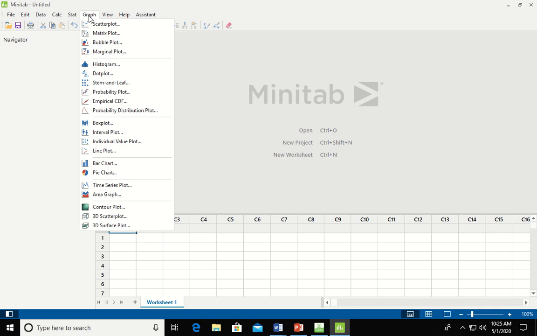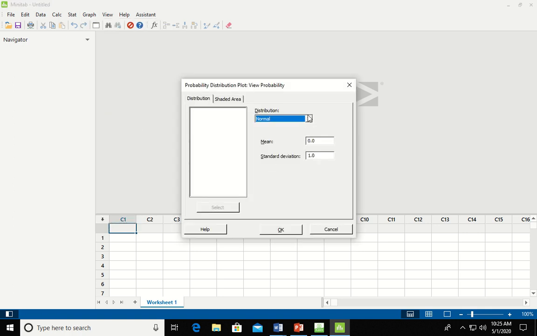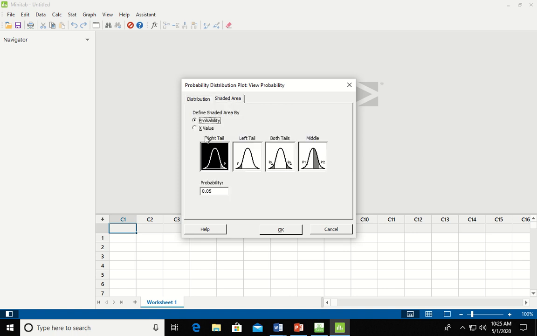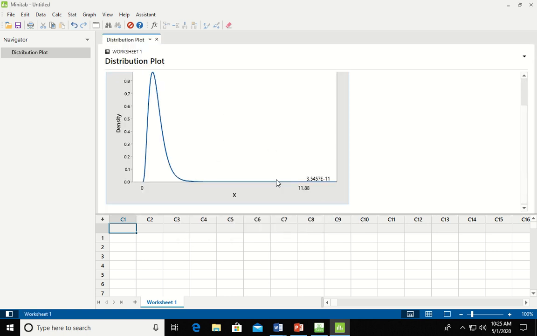So I would go to graph, probability distribution plot, view probability. I'd want the F statistic. And you need to communicate somehow that you know what the degrees of freedom are, the numerator and the denominator, on an exam. And so we're given the F value of 11.88, and we want the right tail. We get the p-value as being 0.0000, yeah, just a very big number, which, I mean, very, very small number, I should say.